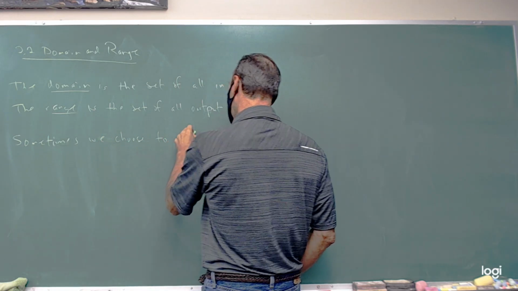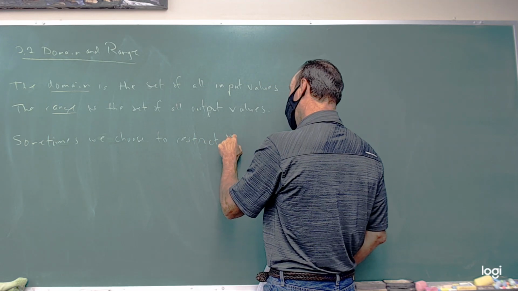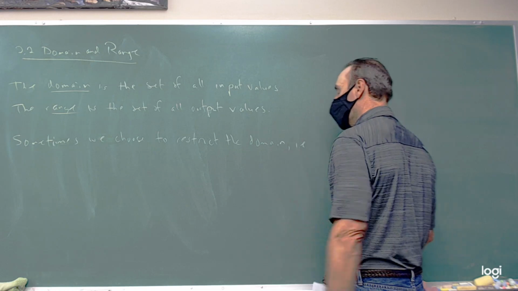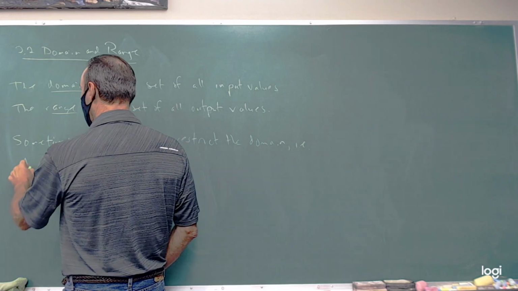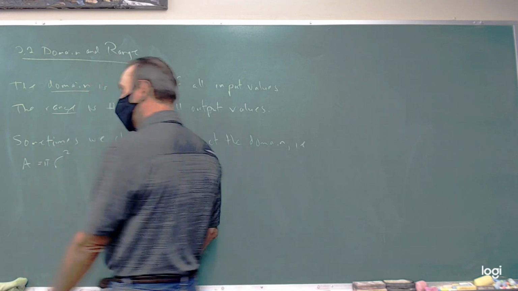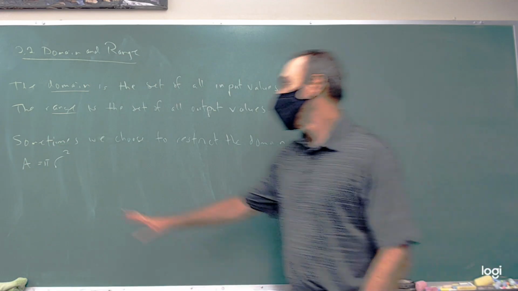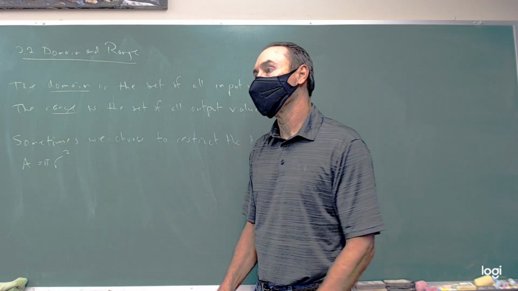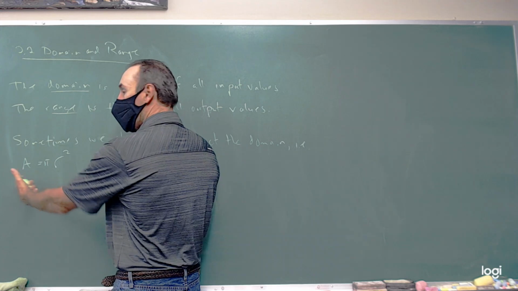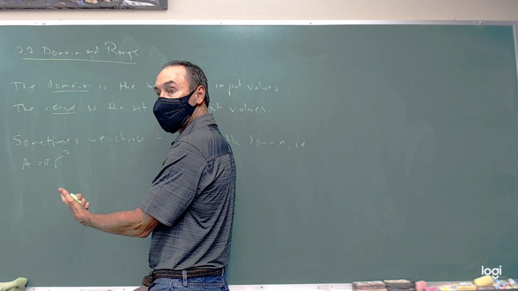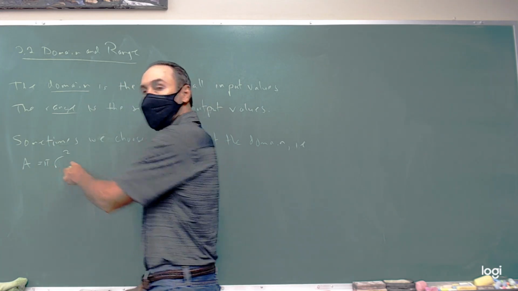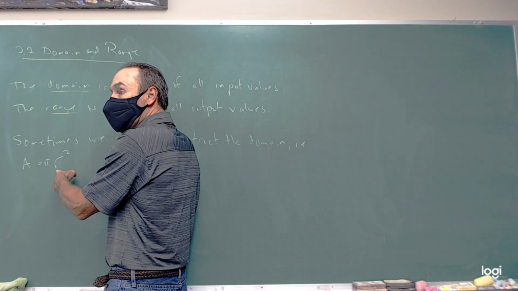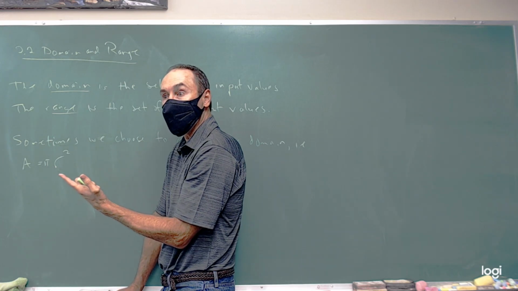For example, if we were talking about our function, area is pi r squared, we might say, even though this function would be defined for any choice of r, you could put any real number at all, in the context of a problem that this is the area of some circle, it's pretty hard to have a radius that's negative, or you might even argue that it really wouldn't make much of a circle if the radius was 0.